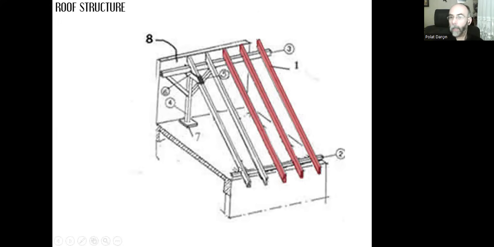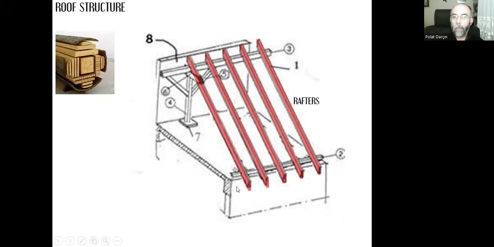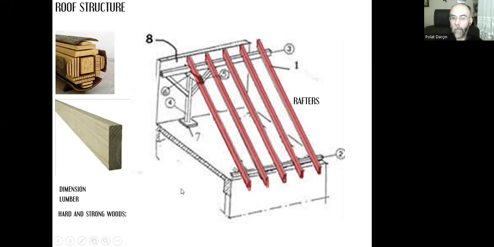These are the rafters. And for the rafters, if you prefer wood, since they are load-bearing pieces, we need to be careful about the shrinkage, the proper positions, and we can have a piece out of this tree trunk. The required sizes need to be, okay, that's the dimension lumber.